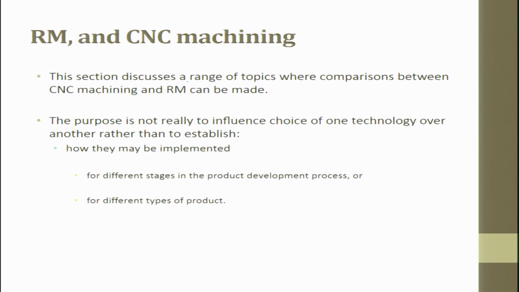We will discuss a range of topics where comparison between CNC machine and RM can be made. The purpose of this comparison is not really to influence choice of one technology over the other, but rather to understand the merits and demerits of the systems, how they may be implemented, for different stages in the product development process, or for different types of products.